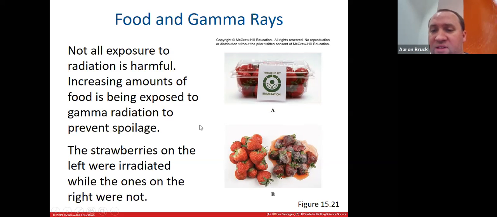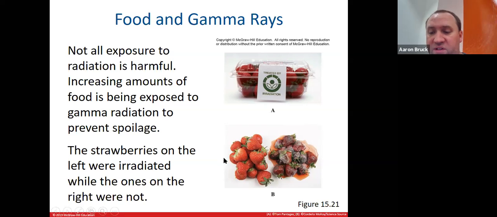And what happens is the food isn't harmed by the gamma radiation, but the microbes that are on the food are. And so the mold, the bacteria, whatever is on that strawberry at that time gets killed by the gamma rays. The strawberries themselves are unharmed.